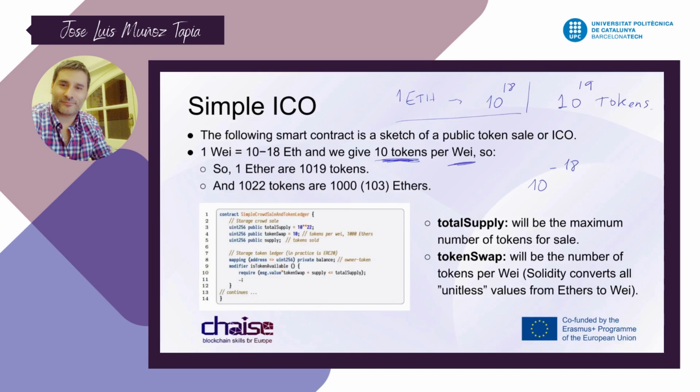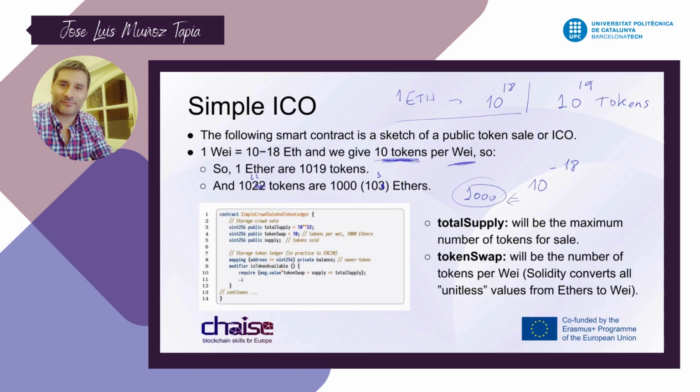So I give you 10 tokens per wei, and we're going to sell 1,000 ethers. Maybe, yeah, in the slides this should be 3, this should be to the 22, and so on. So we're going to create a smart contract to sell 1,000 ethers.